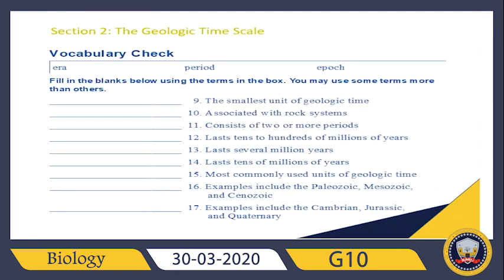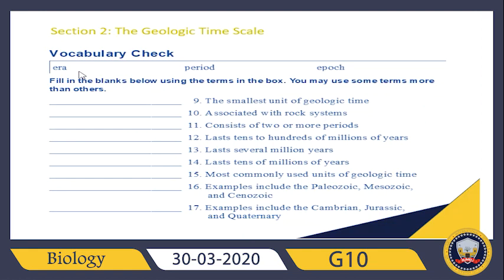So guys, let us now move to section number 2, the geologic time scale. And here you remember that we discussed the following terms: the era, the period, and the epoch. So now the question is, fill in the blanks below using the terms in the box. You may use some terms more than others.